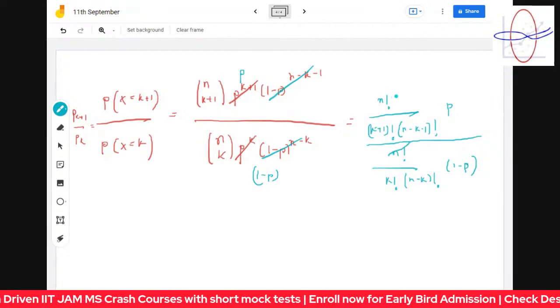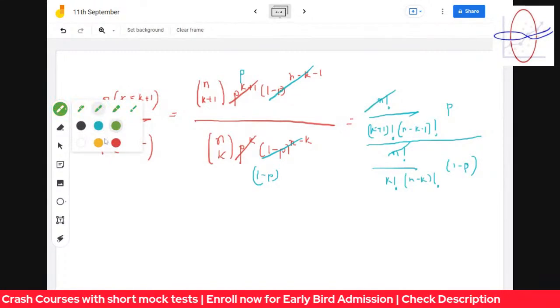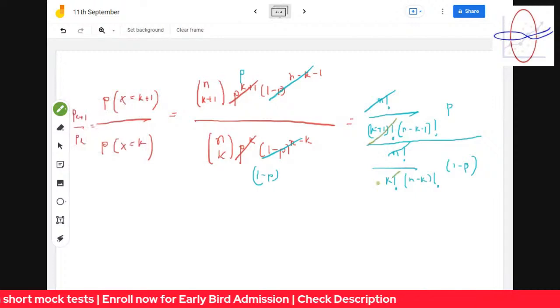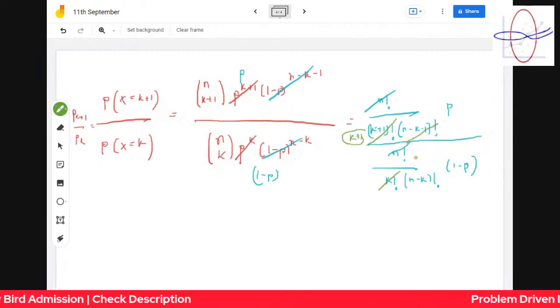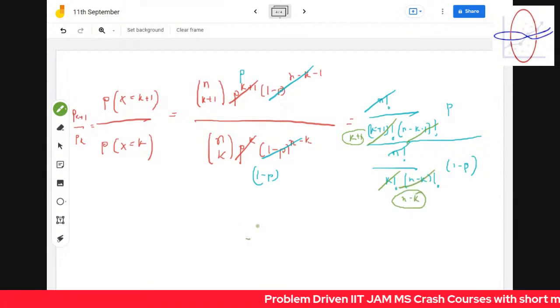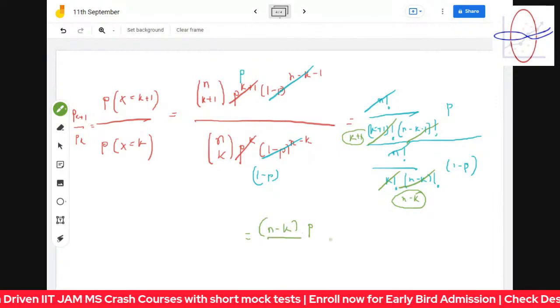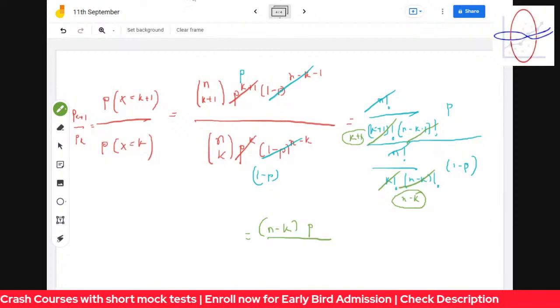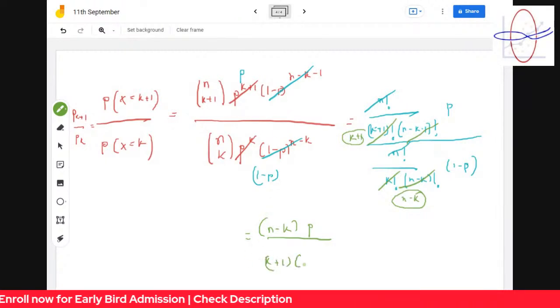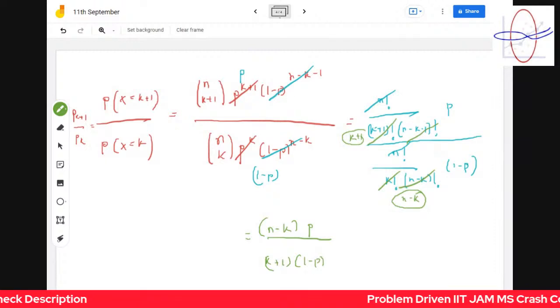So n factorial gets cancelled, and k plus 1 factorial cancels to give k plus 1 over here, and this gets cancelled to give n minus k over here. So we get n minus k into p, by k plus 1 into 1 minus p. This is exactly what we get.